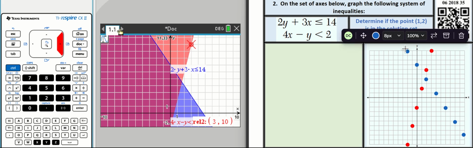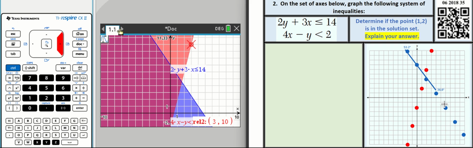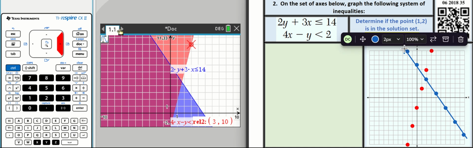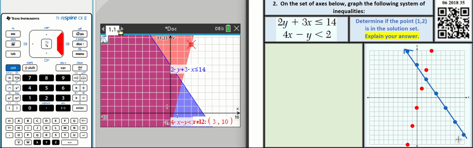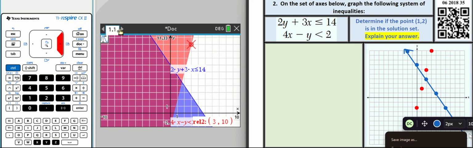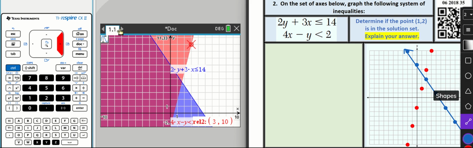We didn't want to do it before because, oh, maybe we could have done it before. Draw a line for blue, right? Bam, make sure it goes all the way off the graph, showing it's continuous. Put these arrows at the end. And then for the red, remember that is a dotted line. Dotted.